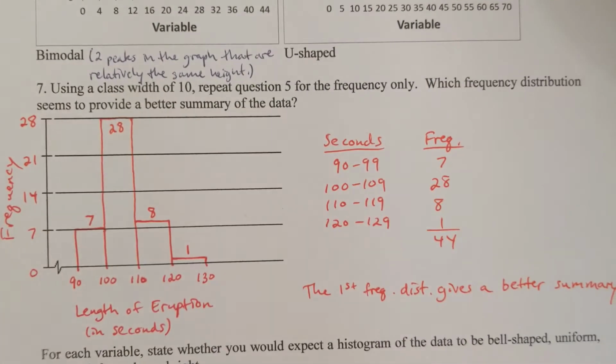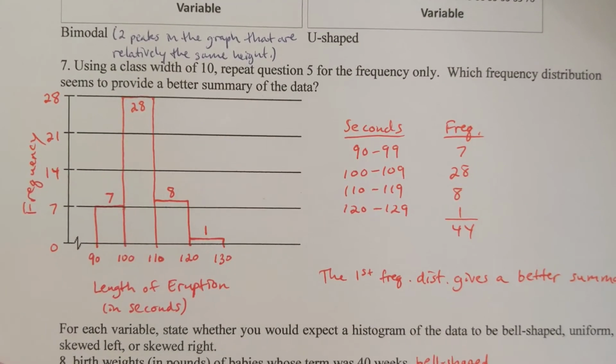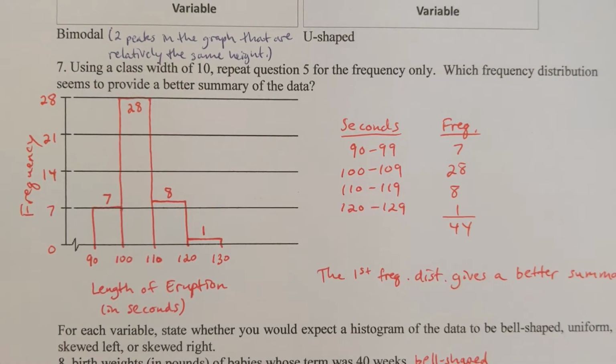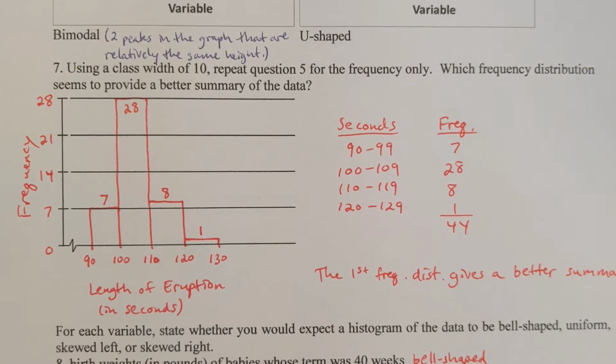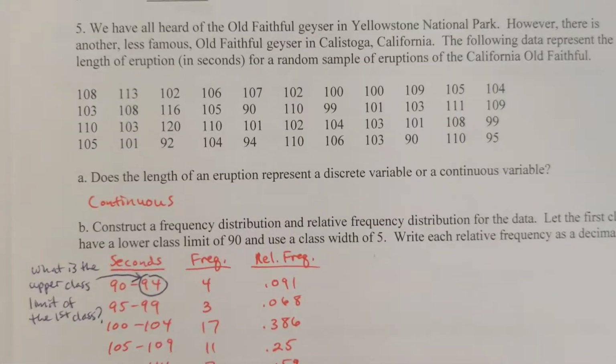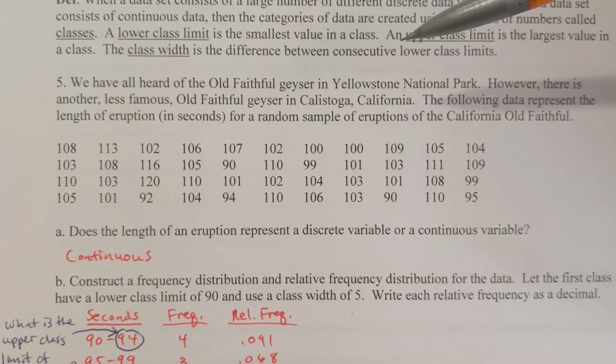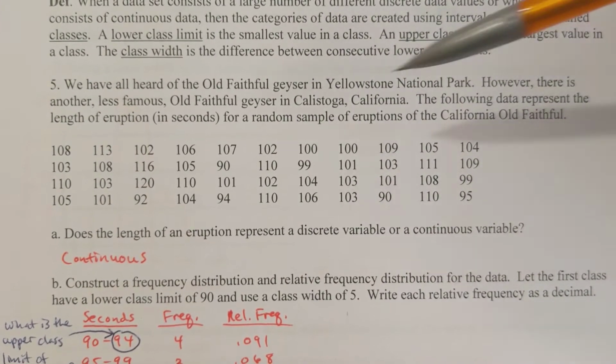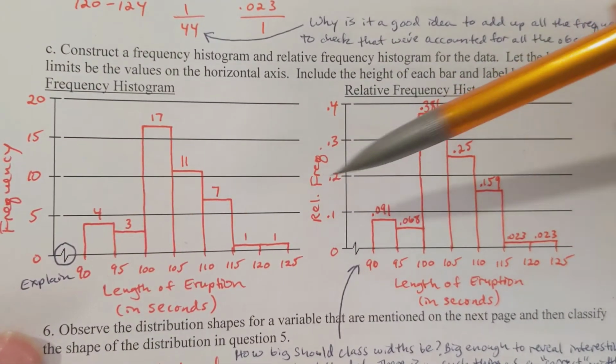So let's look at problem 7 next. It says, using a class width of 10, repeat question 5 for the frequency only. Question 5 was the information about Old Faithful, the geyser, and we just did that in the last video.